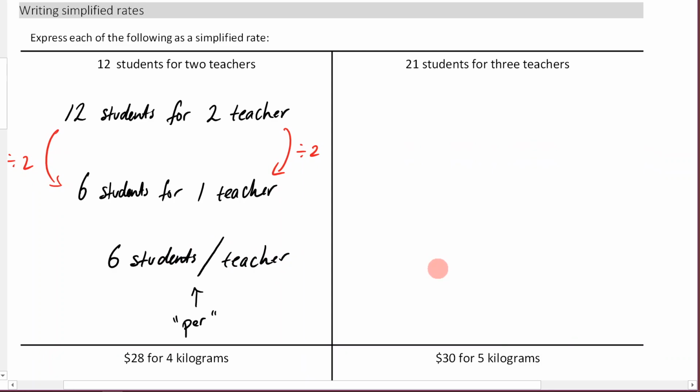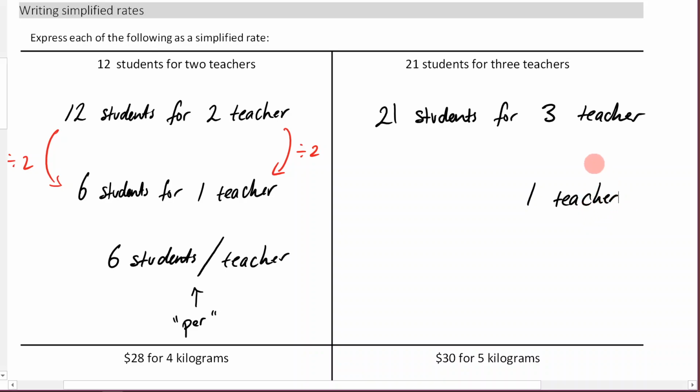The next one, I have 21 students for 3 teachers. Again, when we're simplifying a rate, we want this to be 1 teacher. To go from 3 teachers to 1 teacher, I'm going to have to divide by 3.